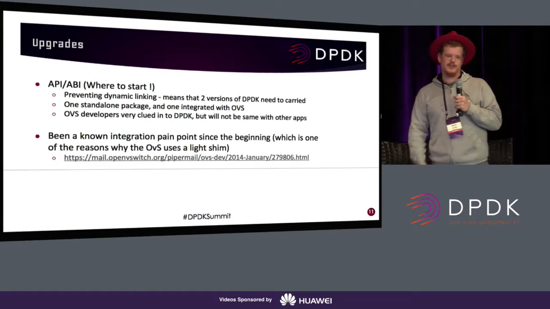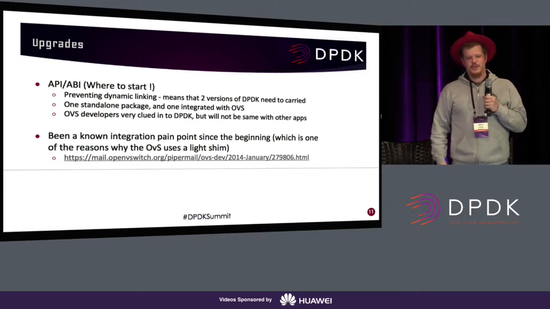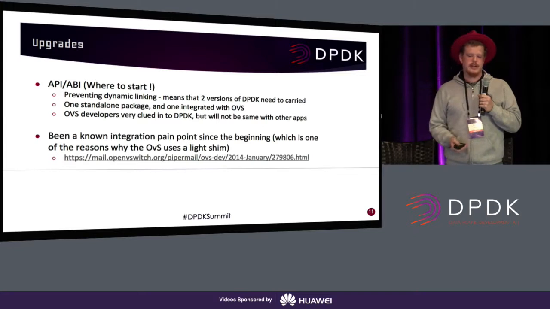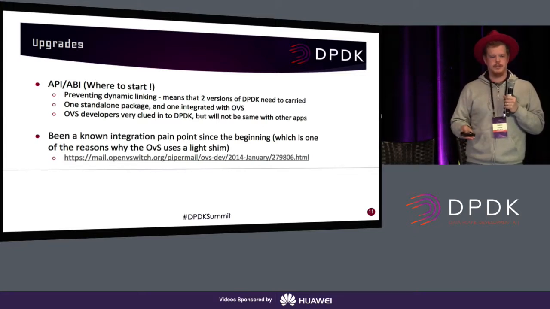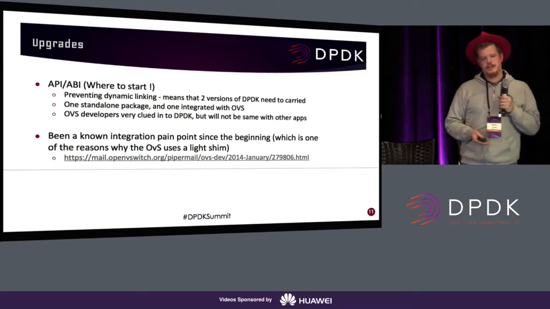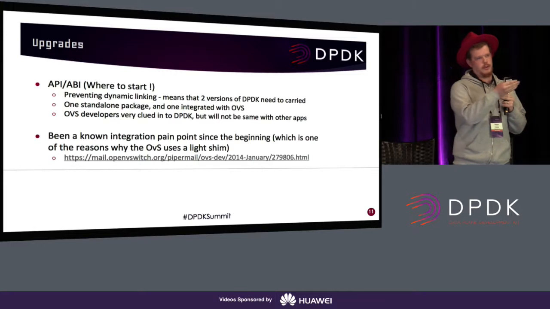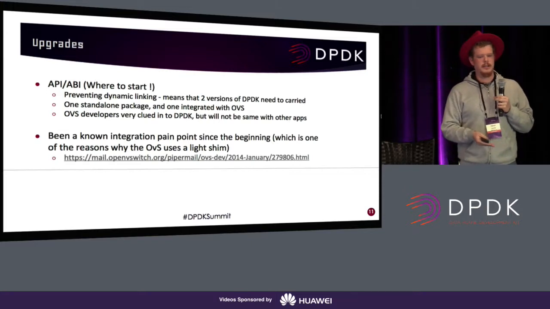All right, so upgrades. We've had a lot of discussion about API, ABI. It prevents dynamic linking, and that means that we need to carry multiple versions of DPDK. Every single package that we want to provide, like a MoonGen package, a T-Rex package, an OVS package, will all have to have their own version of DPDK linked in.